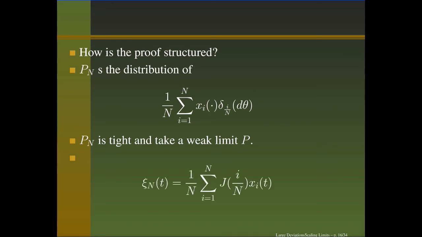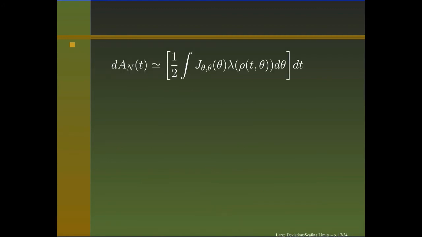It's dA n t plus dM n t. dM n t is the noise part, and that we saw goes to 0. So what you get is dA n t, which we saw can be reduced to this object. That was the argument we had before. And M n t goes to 0 in mean square.